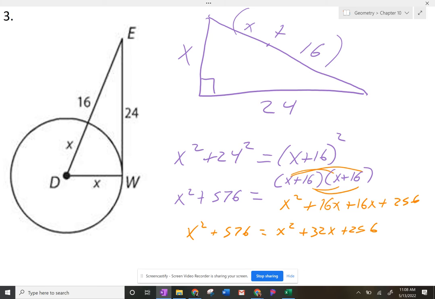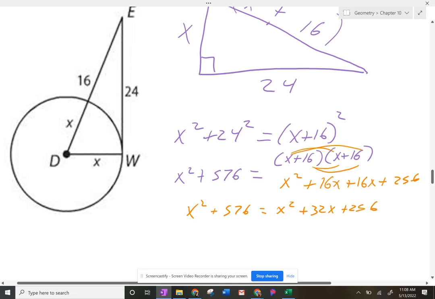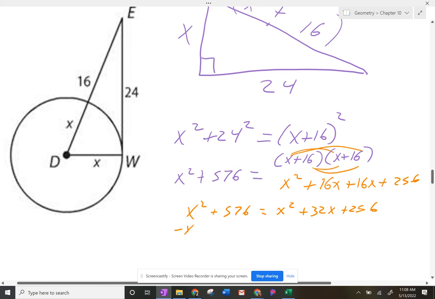I'm going to start combining like terms. I got an x squared over here. I've got an x squared over here. I can just subtract it from the other one. So minus x squared, those are both gone. Now I got 576 equals 32x plus 256.